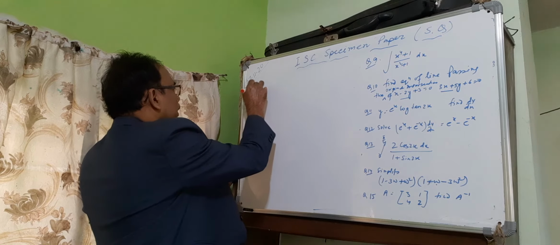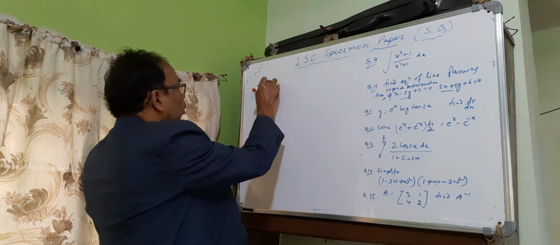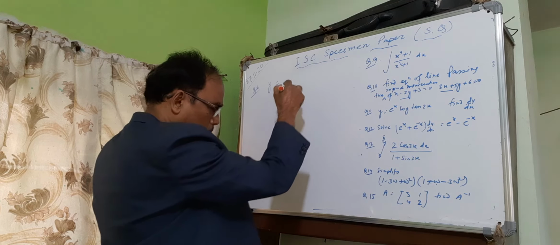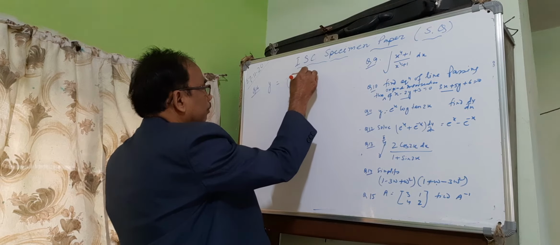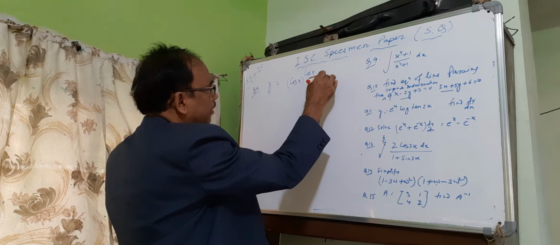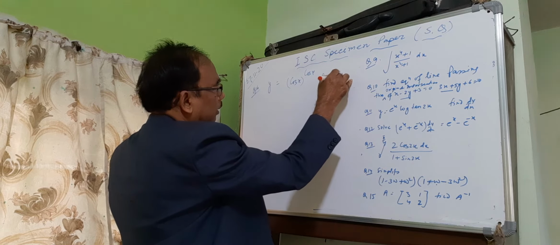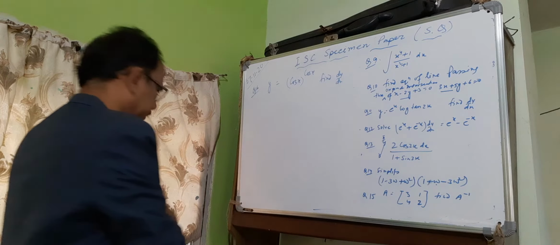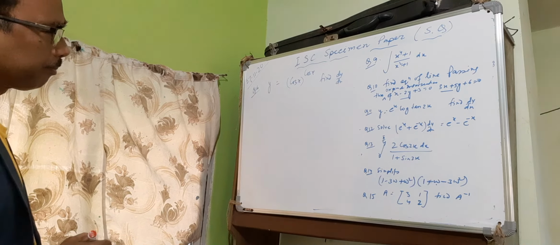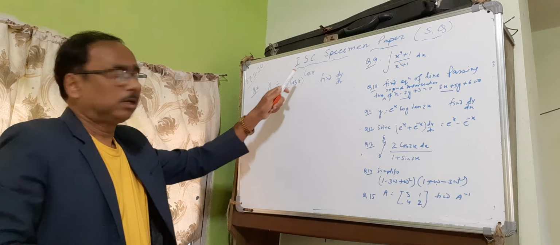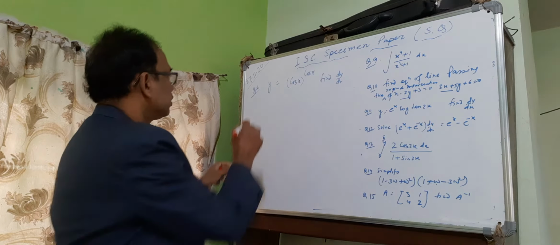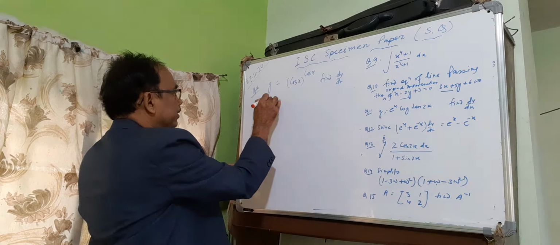Next, sum number 16. Question number 16. y equals (cos x) to the power cos x. Find dy by dx. In this differentiation sum, as it is a power sum, we have to take log of both sides.